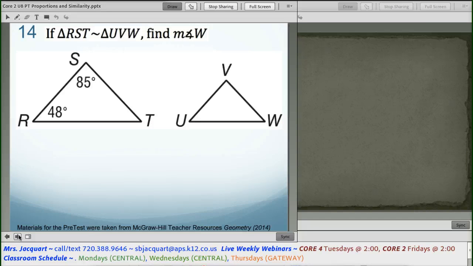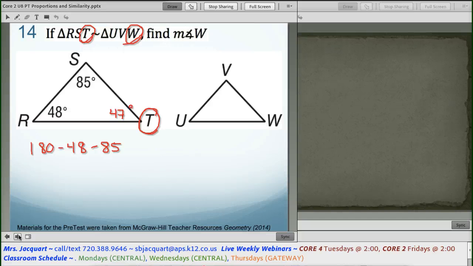So angle W is, there's my W, right? It's going to match my angle T. So in other words, I have to find angle T. So I'm going to take 180 minus 48 minus 85, and that will give me angle T. So angle T is 47 degrees.